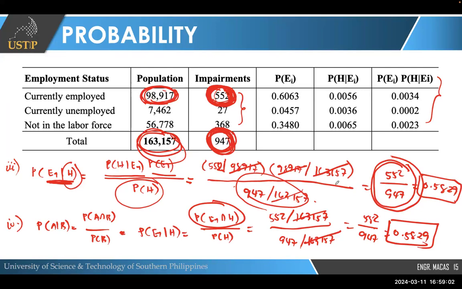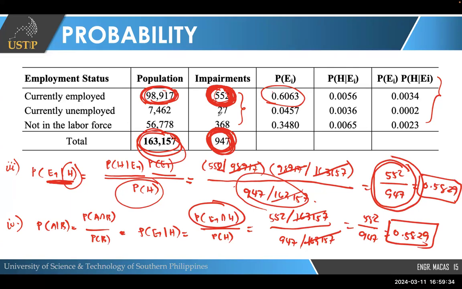Okay, so with that class, ako maingon lang is, by the way, unsay conclusion ani. Atong i-compare class ha, ang probability of an individual that is currently employed, di ba kani siya P of E1. Ang probability daw, sa kanilang population nga kini nga context study, ang iyahang probability nga employed siya is 61%.